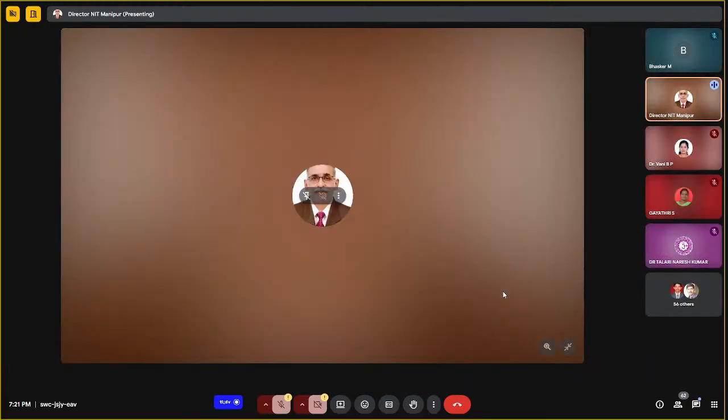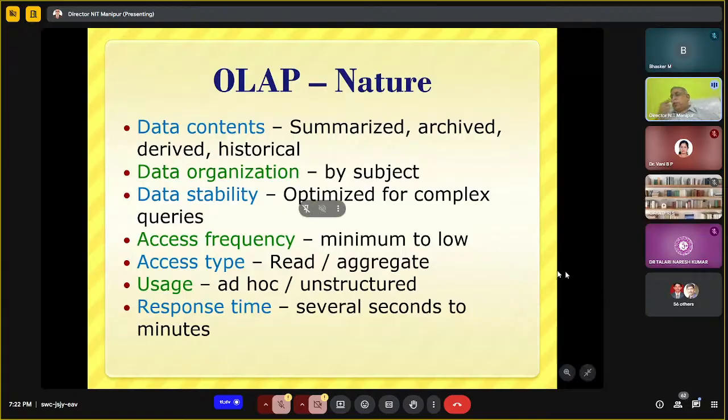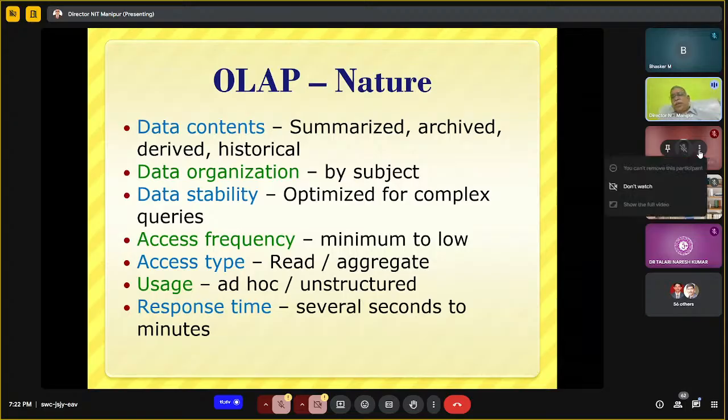Then how to protect the analysis insights, that's security. All these things are collectively embedded in the OLAP software. That's why it's called OLAP.